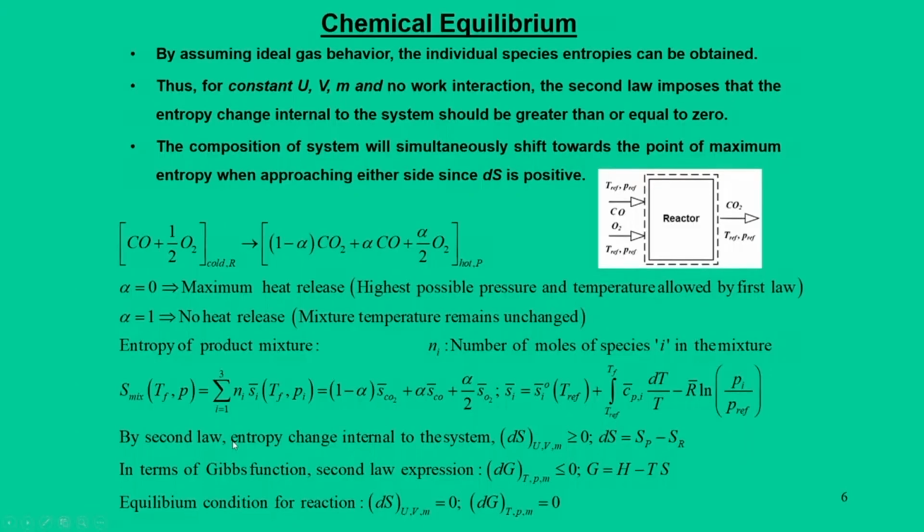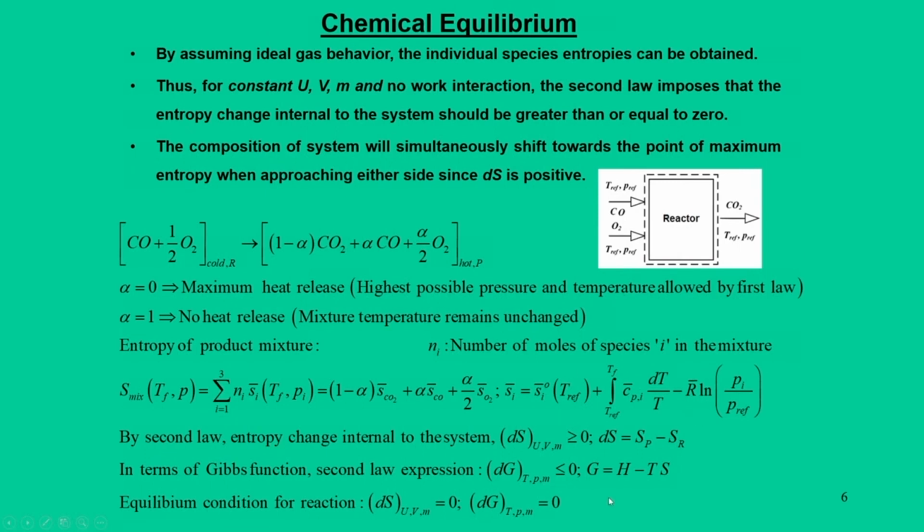What we need to do is find the entropy. Now, what does the second law impose? When you calculate the entropy change internal to the system, for a fixed internal energy, volume and mass system, the second law imposes the condition that this change in entropy must be greater than or equal to 0. That means this dS is nothing but Sp minus Sr, and this condition needs to be satisfied.